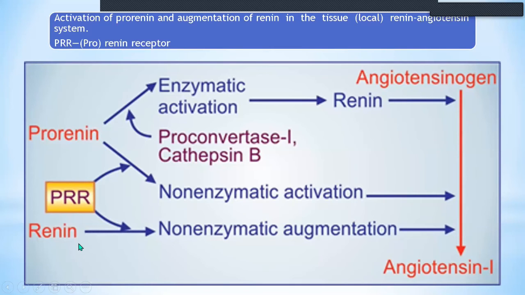In the presence of prorenin, the non-enzymatic augmentation causes the conversion of angiotensinogen to angiotensin 1, and subsequently angiotensin 1 is converted to angiotensin 2, which is going to act on the specific type of receptors.